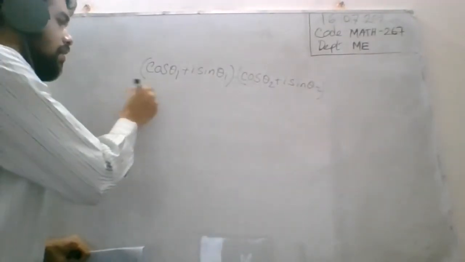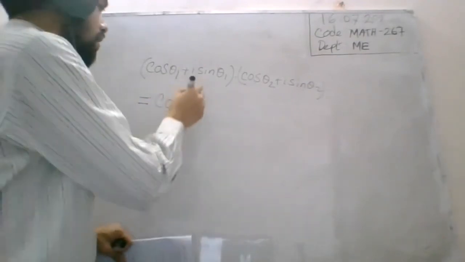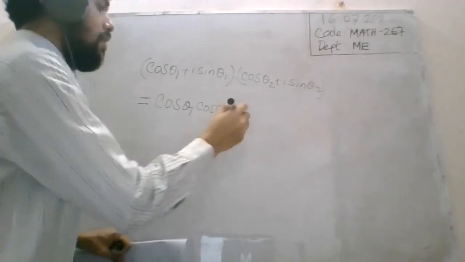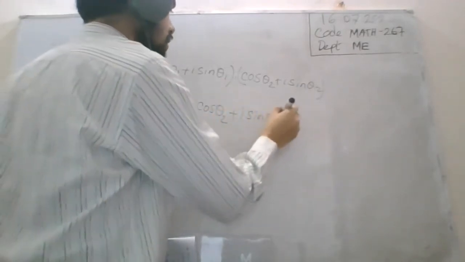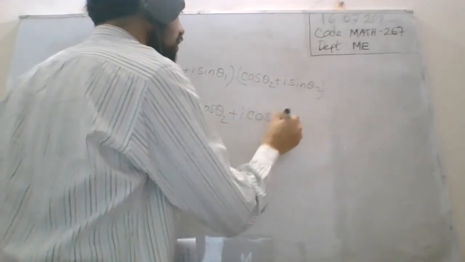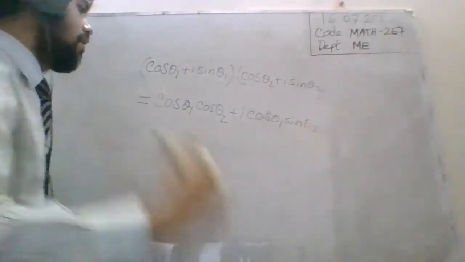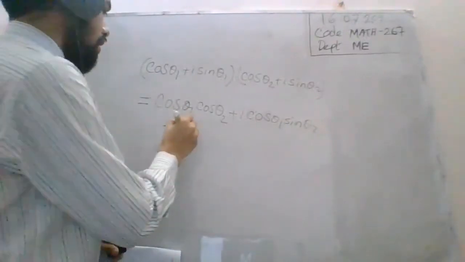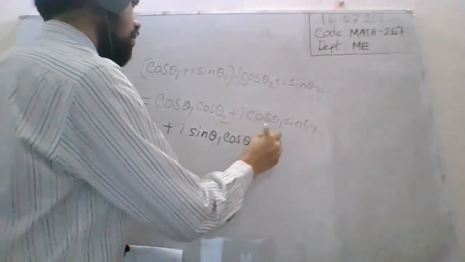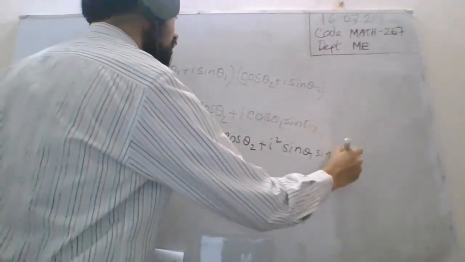You get cos theta 1 cos theta 2, and then i sin theta 1 cos theta 2... sorry, i cos theta 1 sin theta 2, plus i sin theta 1 cos theta 2, plus i square sin theta 1 sin theta 2.